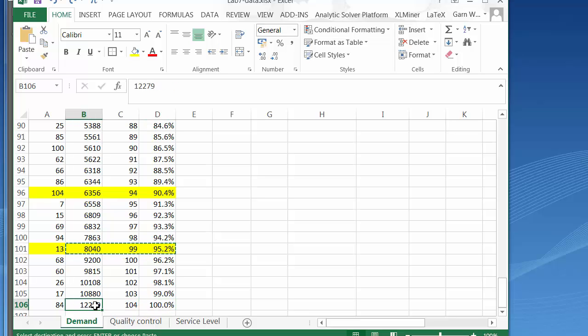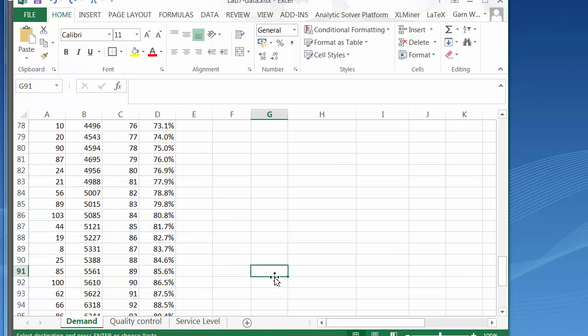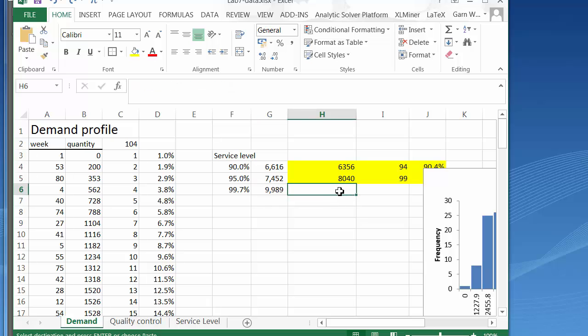Well, we're almost there. So we do see already there is a big gap to what we have computed with the normal distribution.